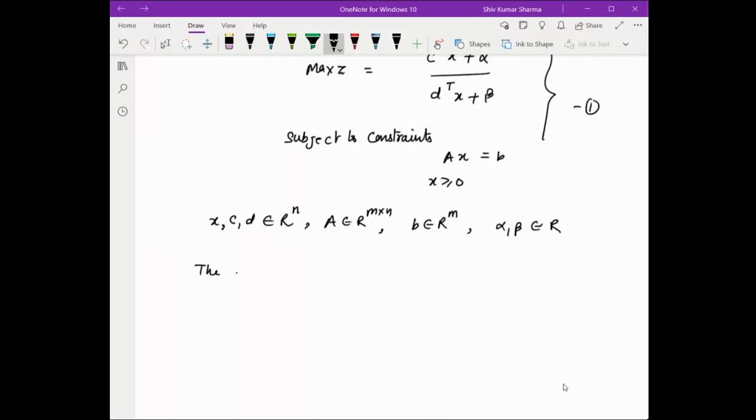So we find the feasible solution set S, which is defined as x belonging to R^n such that Ax equal to b and x greater than or equal to 0.